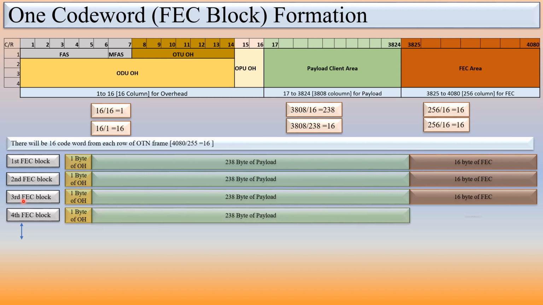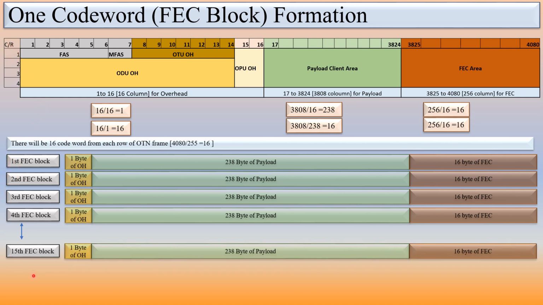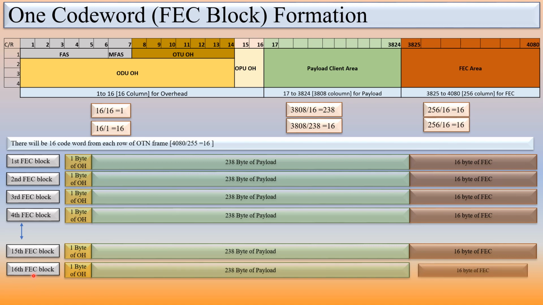Each FEC block contains 255 bytes. The same way in the fourth block and up to the sixteenth. So from the first row we can create 16 FEC blocks, and each FEC block contains 1 byte of overhead, 238 bytes of payload, and 16 bytes of FEC, a total of 255 bytes each.